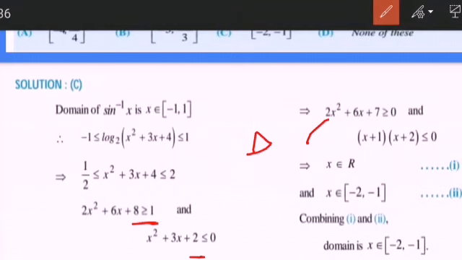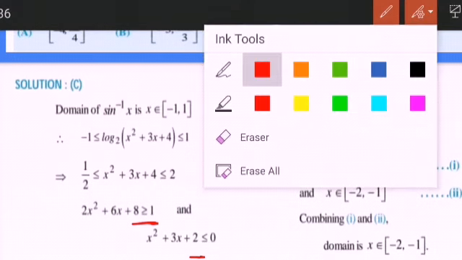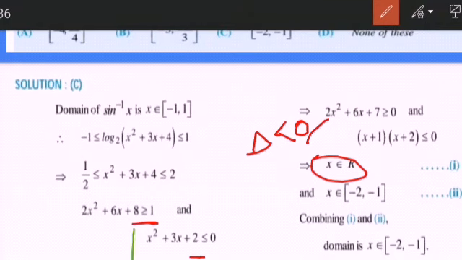Let me write it down properly. This is -2, this is -1. Minus 2 to minus 1 is the domain, and taking the intersection you will find the same result.